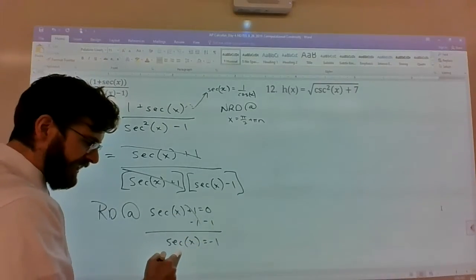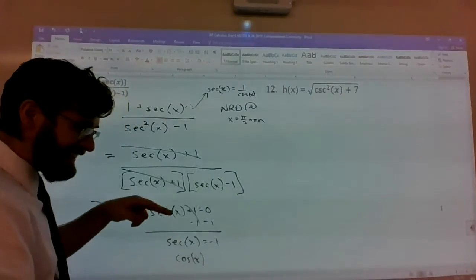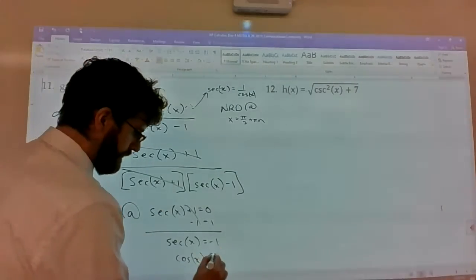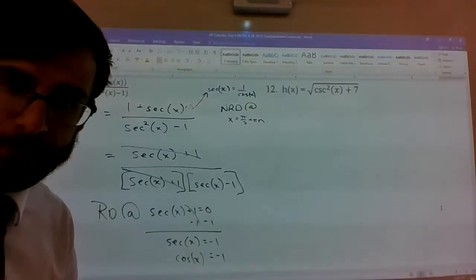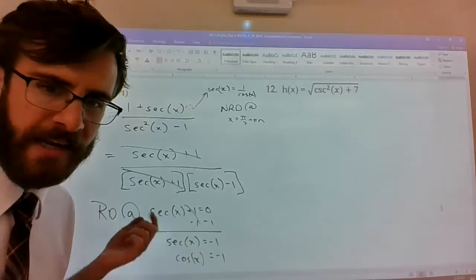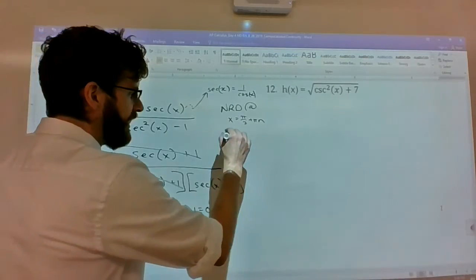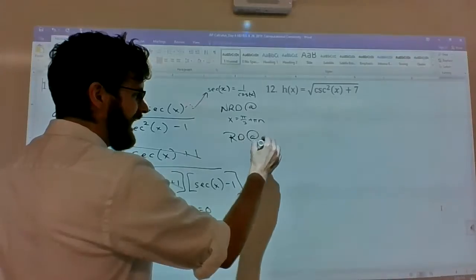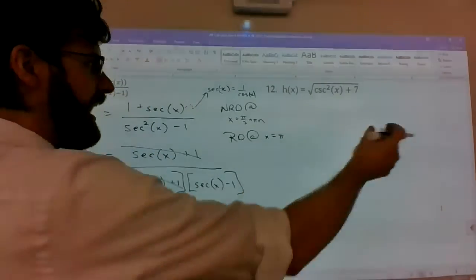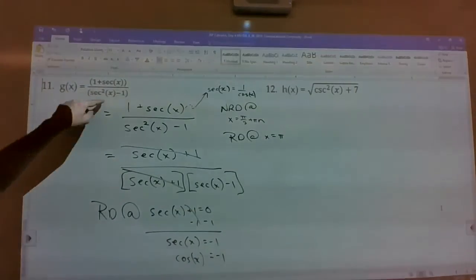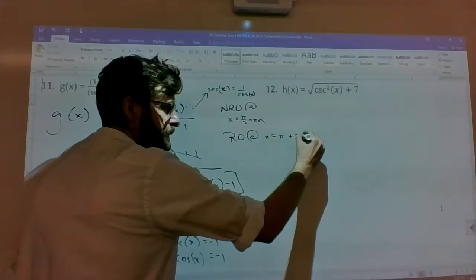So if I flipped secant, I get cosine. If I flip negative 1, I still get negative 1. That's pi, okay? Cosine equals negative 1 at pi. So we know that we have removable discontinuities at x equals pi. And if we're talking all solutions throughout the entire span of this function right here, you'd say plus 2 pi n.